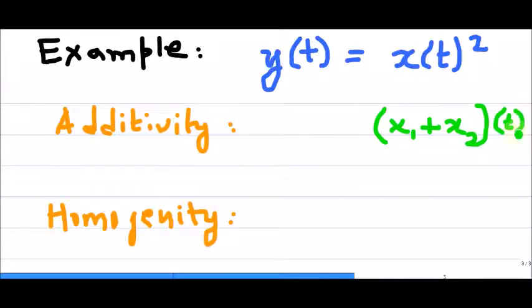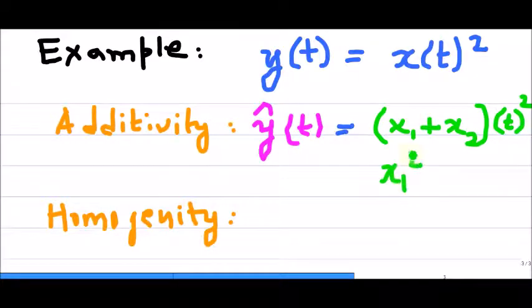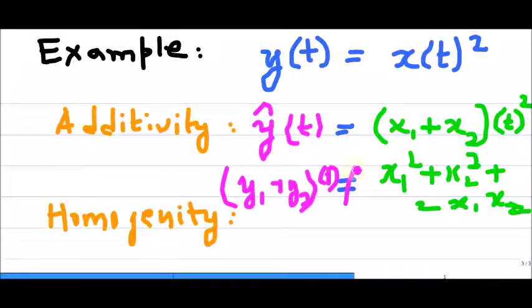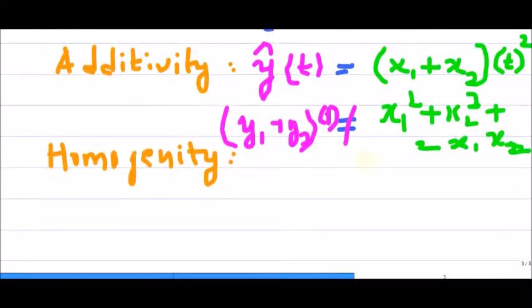If I feed the sum of the inputs, I shall get the square as the output of that system, and let me call that output y hat of t. If I expand the square, I shall get x1 squared plus x2 squared plus 2 times x1 x2, which is not the same as y1 plus y2. Thus, this particular system is not additive.